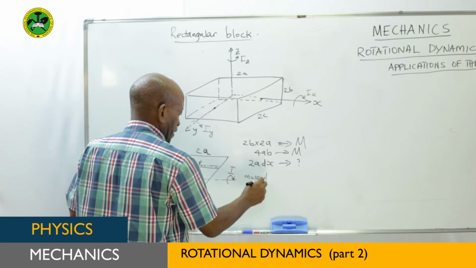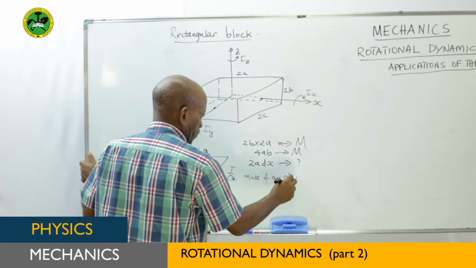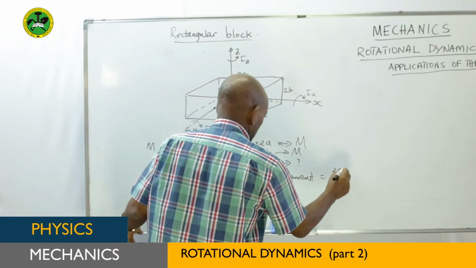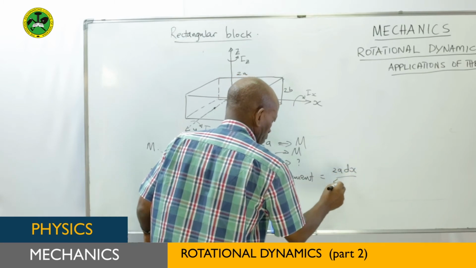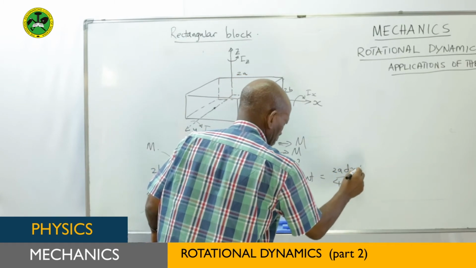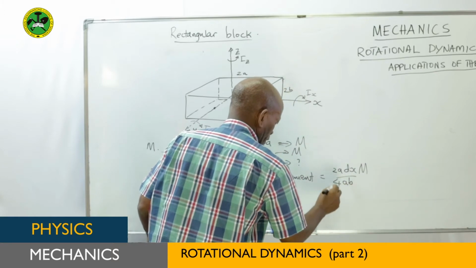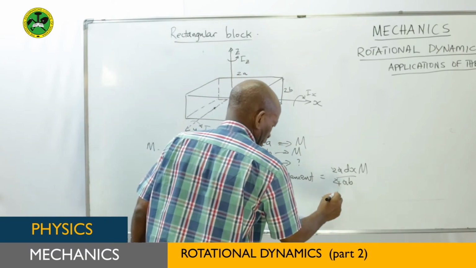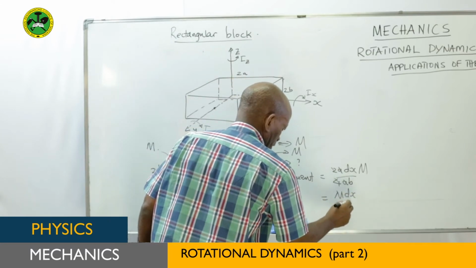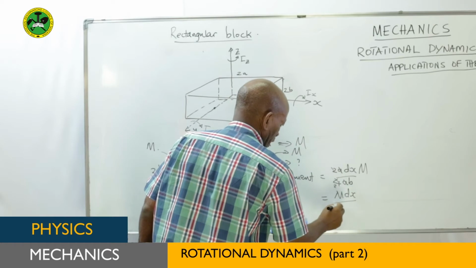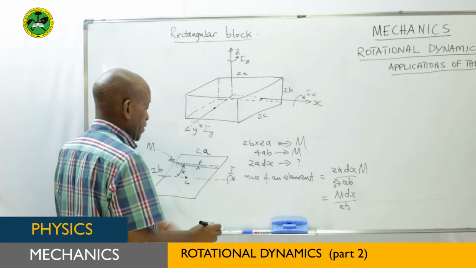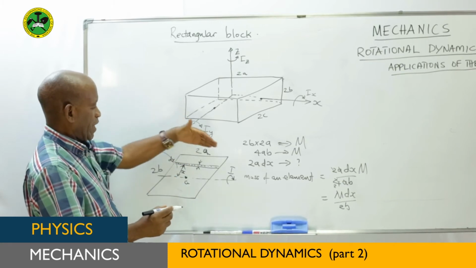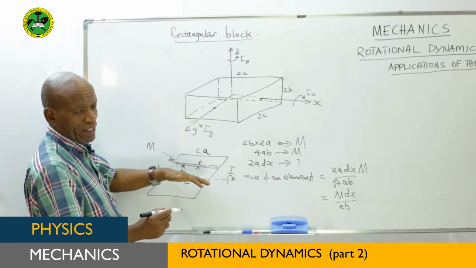So the mass of that element is 2a dx over 4ab times m, and if you simplify, the a and a cancel, and we have m dx over 2b. This will be the mass of that element. And we have several of these elements from that end to where the axis is passing.